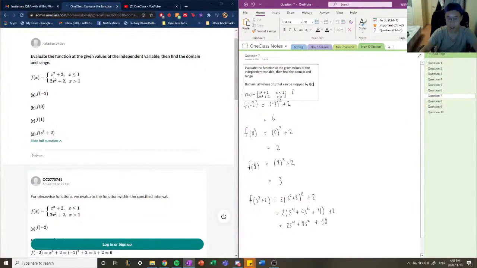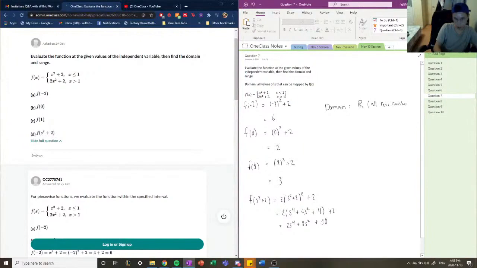But here we don't have that kind of restriction. It allows for all the real numbers on the real number line. Okay, so our domain for this function here is going to be all real numbers. All real numbers. Okay.